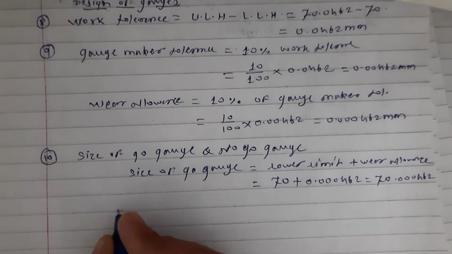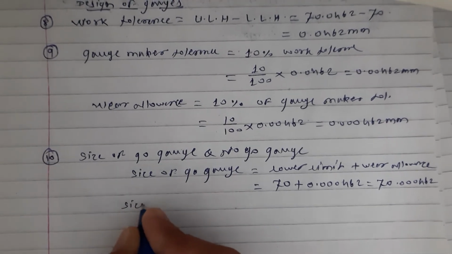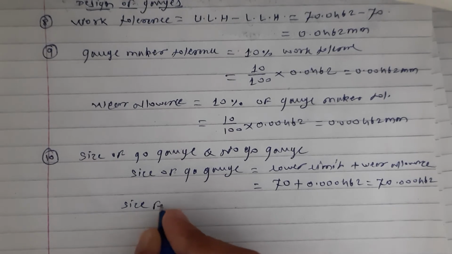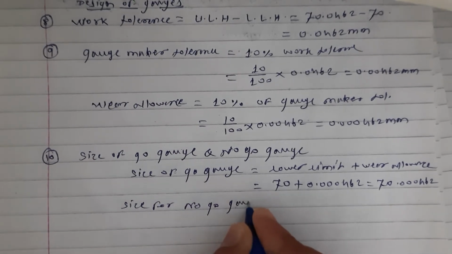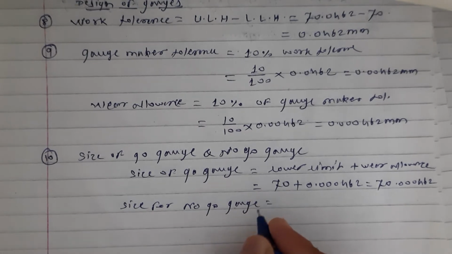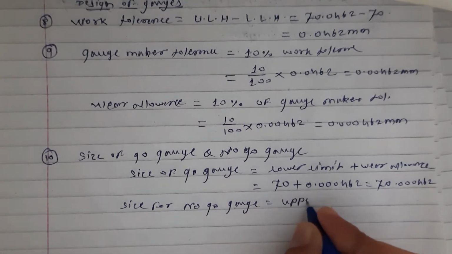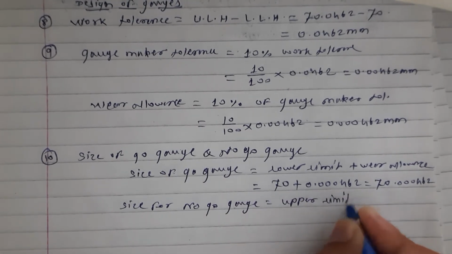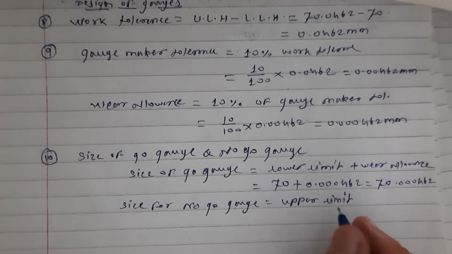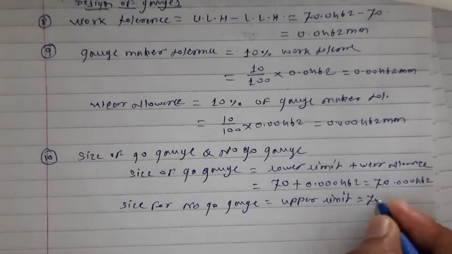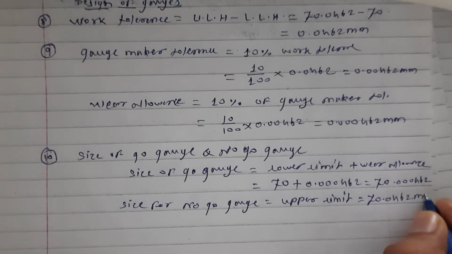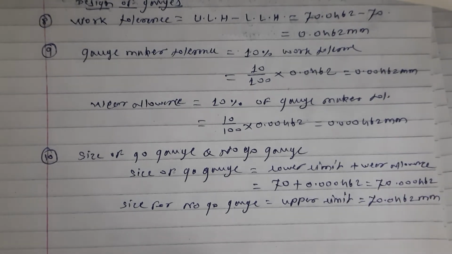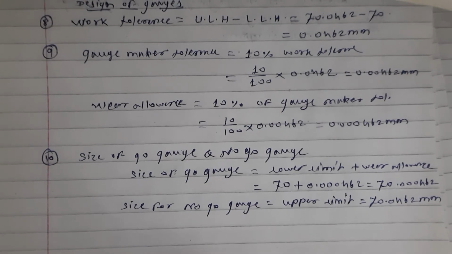And what is the size for the no go gauge? We know that in the hole basis system, the size for the no go gauge is equal to the upper limit, which is 70.0462 mm.